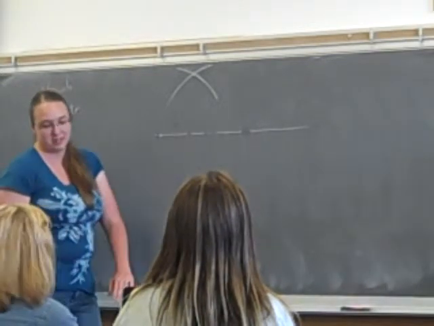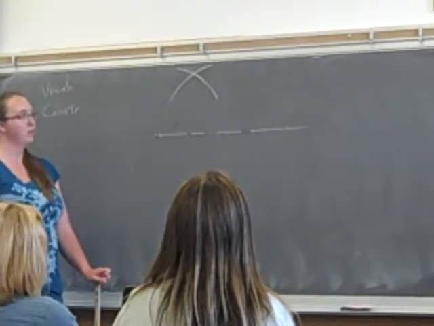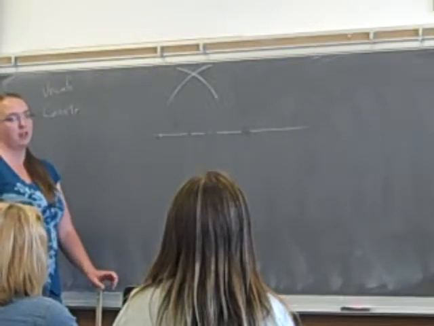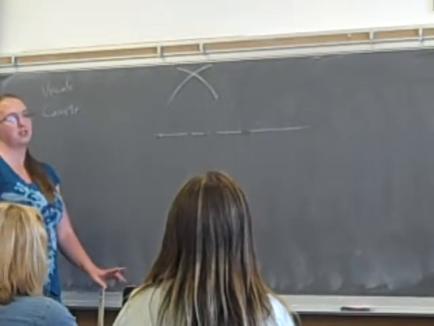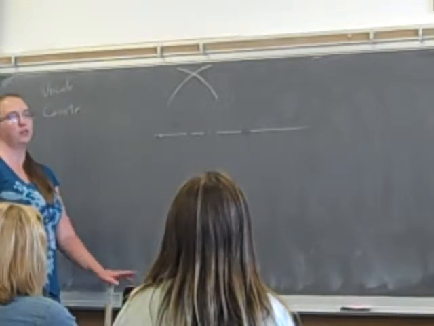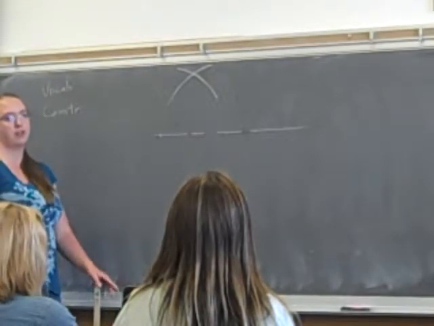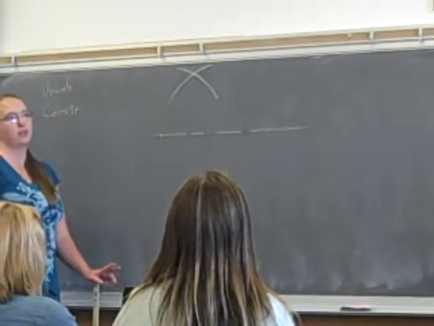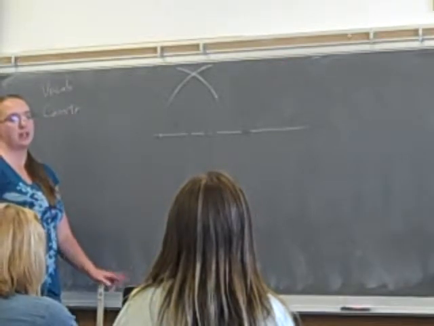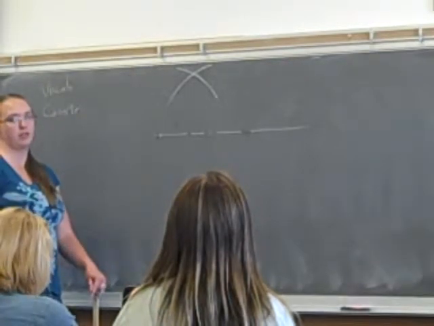Okay, so I started with a straight line, which we know is 180 degrees. And then I did some quick calculation. How can we make 135 degrees using what we know? So 135 is a 90-degree angle and a 45-degree angle.